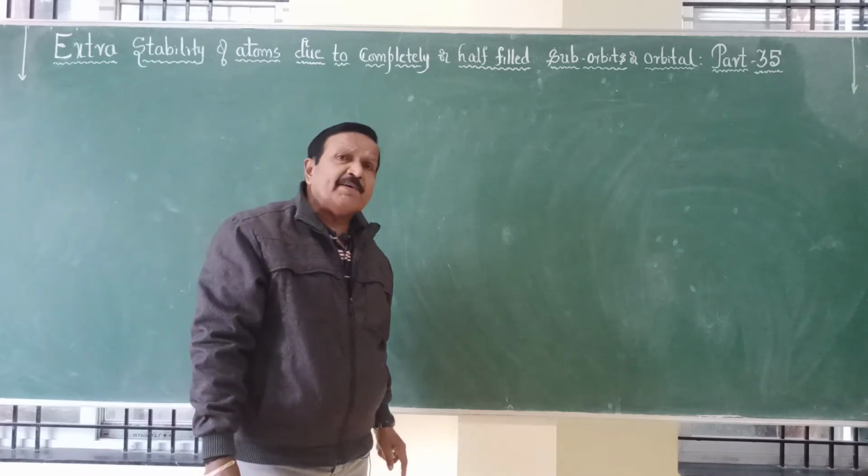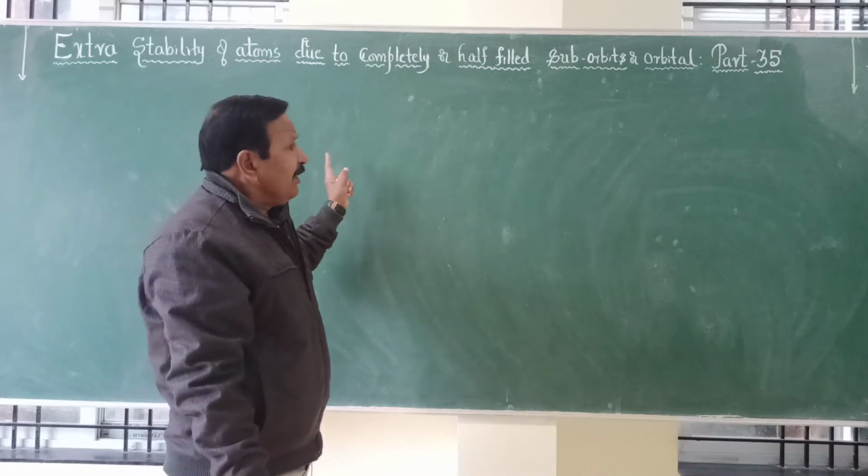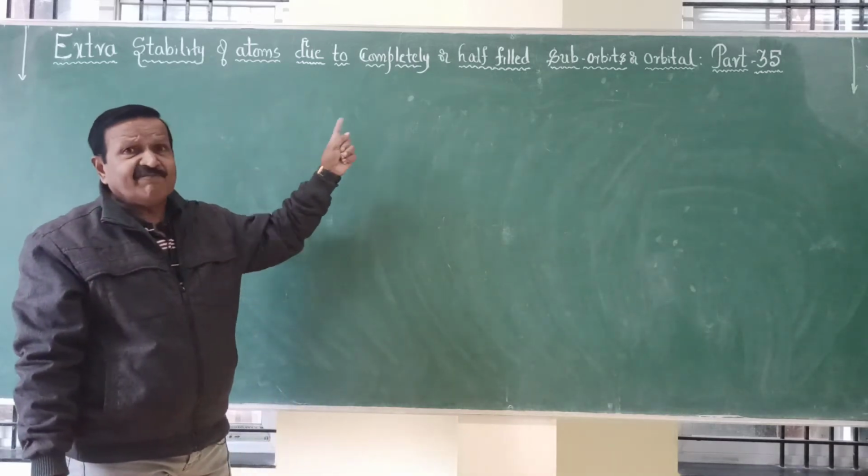So in case of d orbitals, 10 exchanges are possible. So that is the number of exchanges in case of d5.